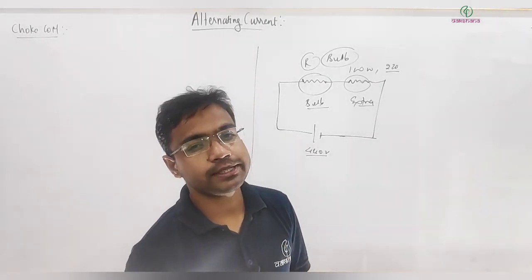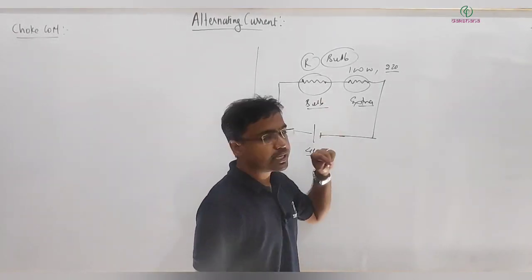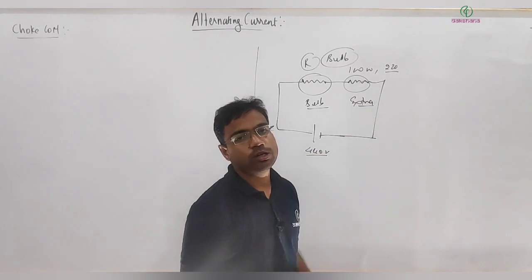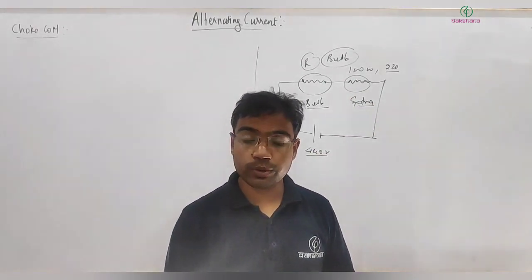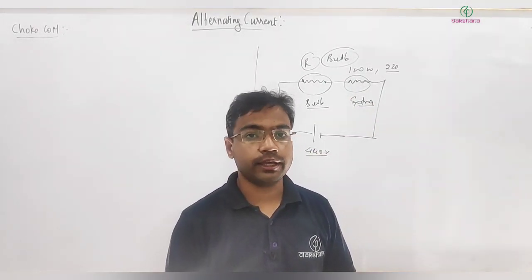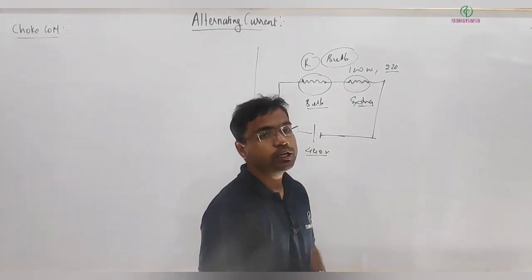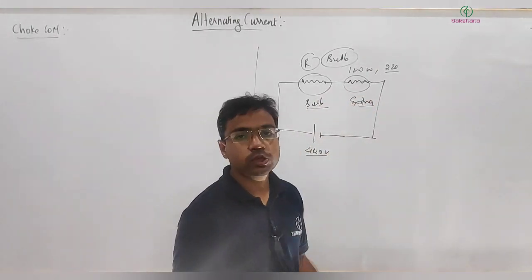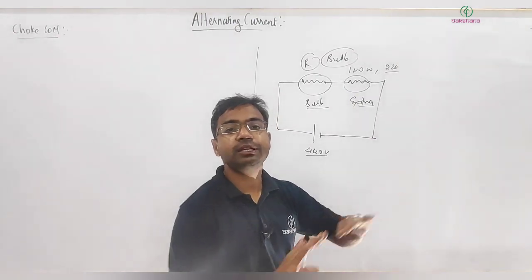But the problem here is that a lot of energy will be lost in this resistor, and that is of no use. If we are simply connecting a resistor with this bulb, this loss is a complete waste.